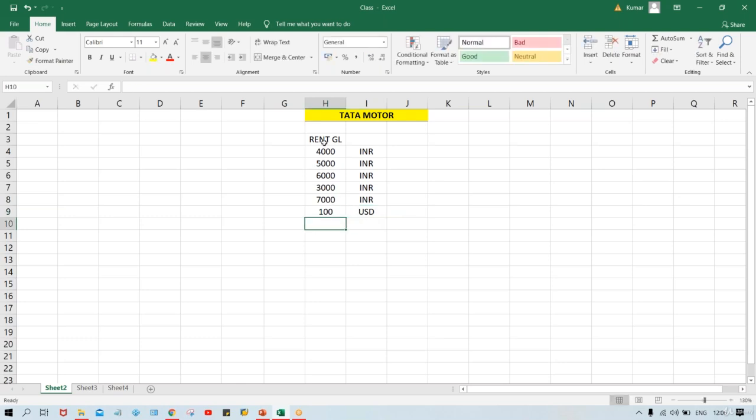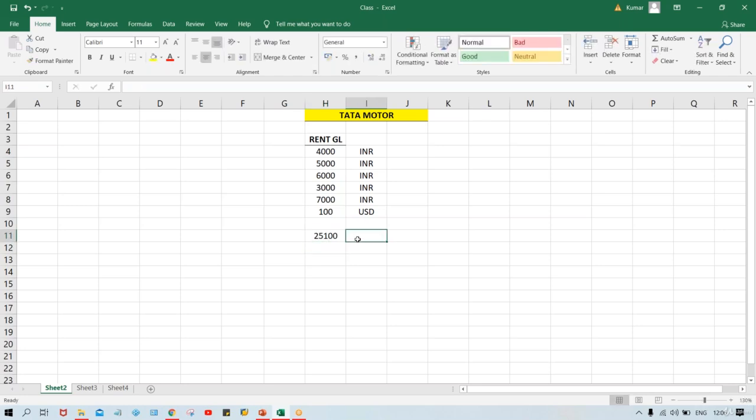Guys, let's suppose management wants to see a report of overall how much rent has been paid in this particular month. How do we get it? If you look at the consolidated figure, it is going to show 25,100.